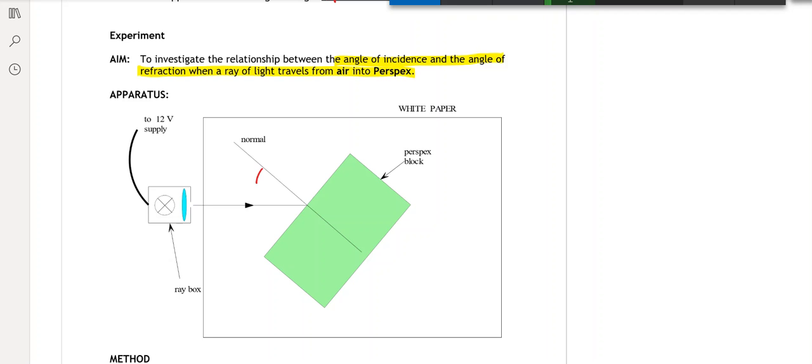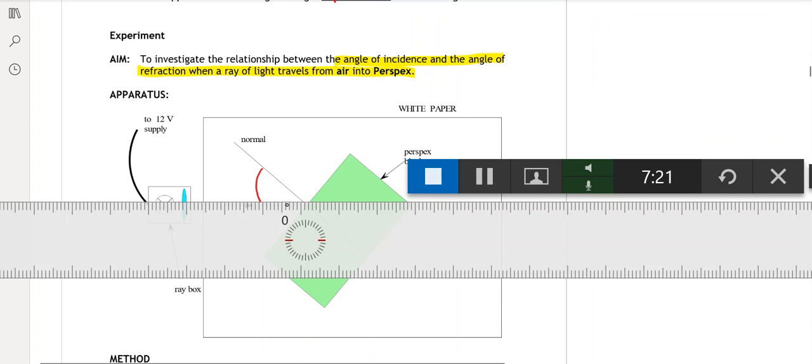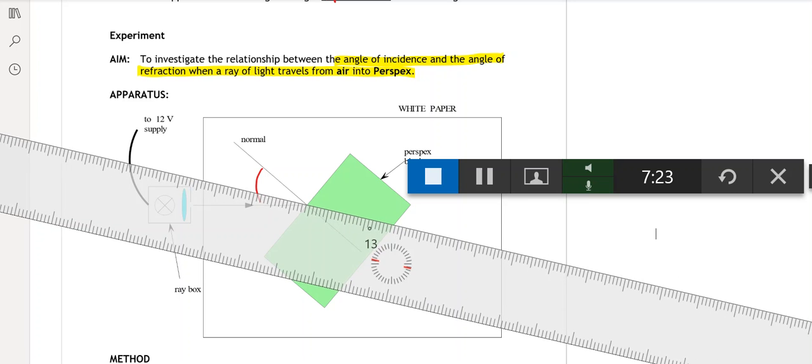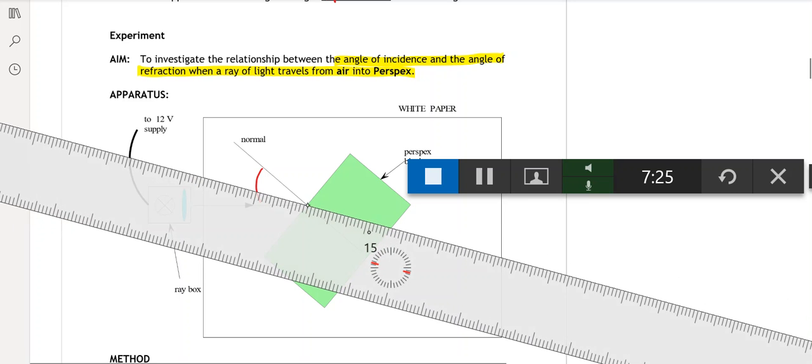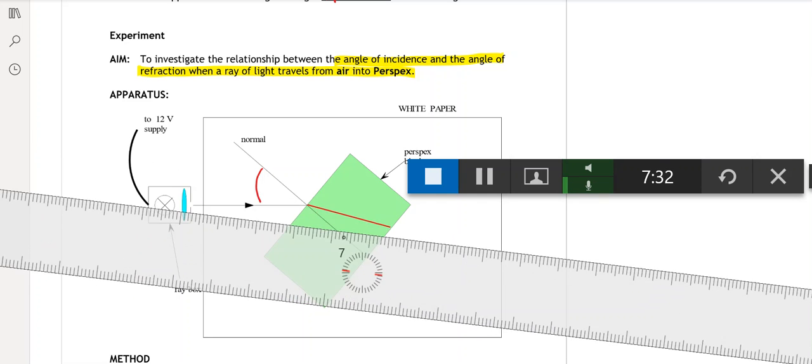We will have our angle of refraction. The light, as it crosses inside the block, is going to change direction. It's going to bend towards the normal. And then as it leaves the block, it's going to bend away from the normal.